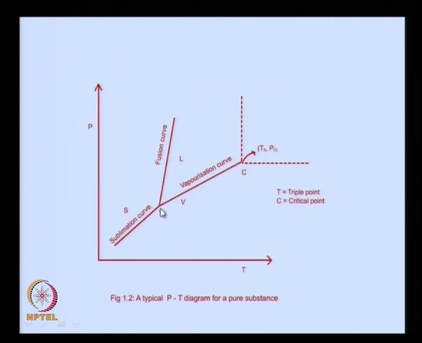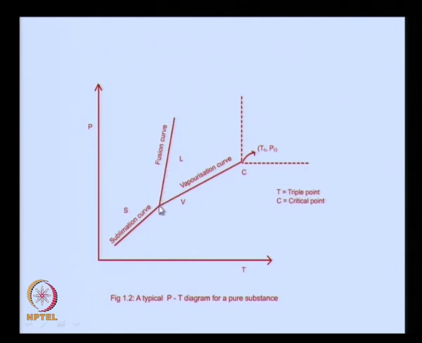So on this line you expect the conversion from the solid phase to the vapor phase or the gaseous phase. This is the fusion curve, which is the demarcating line between the solid phase and the liquid phase of one pure substance.